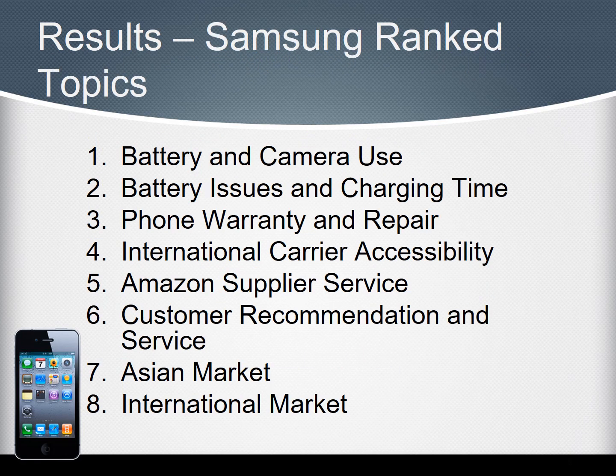In addition, Samsung ranked topics are battery and camera use, battery issues and charging time, phone warranty and repair, international carrier accessibility, Amazon supply service, customer recommendation and service, Asian market and international market.